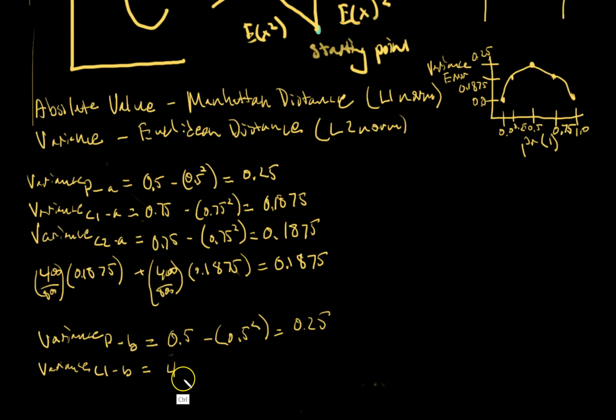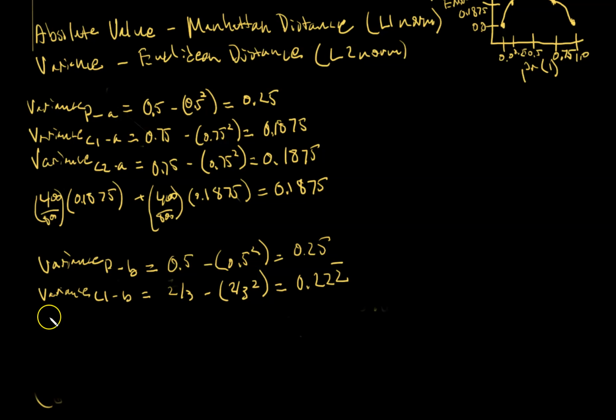Let's do it as 2/3 minus 2/3 squared. I had already worked this out ahead of time. That's going to be 0.2222 repeating.